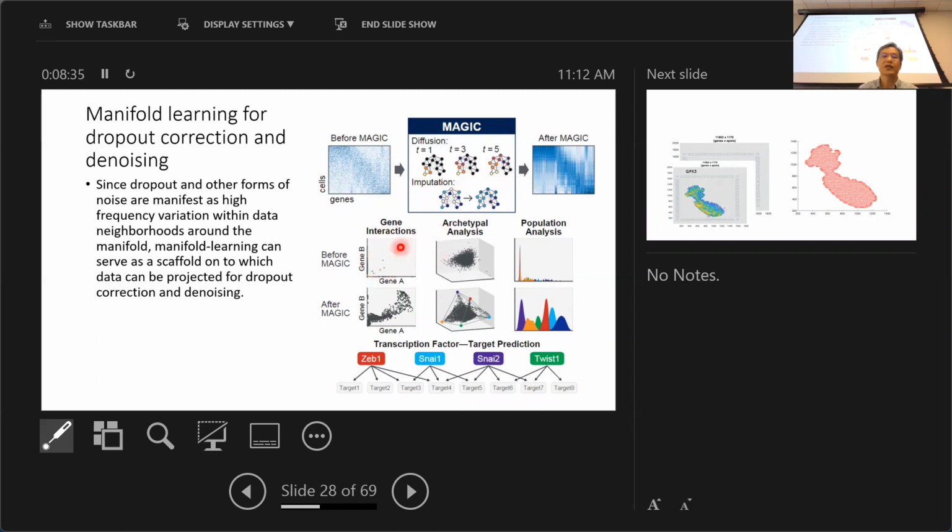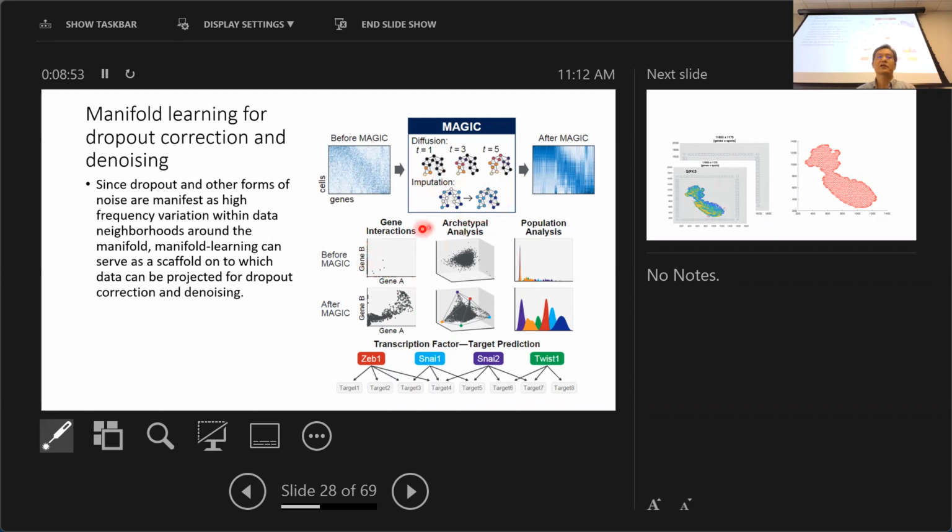Before, there's no way you can see that when gene A expression level is high, gene B expression level is also high among different cells, because there are so many zeros, so a lot of values collapse either onto the x-axis or the y-axis.